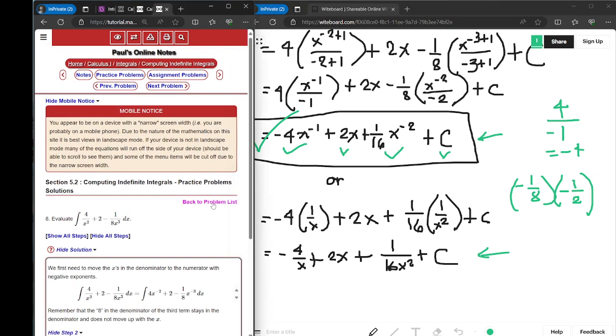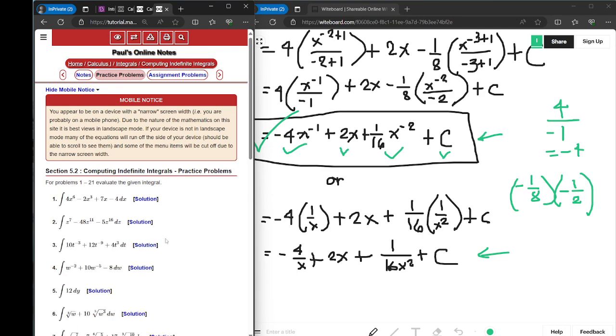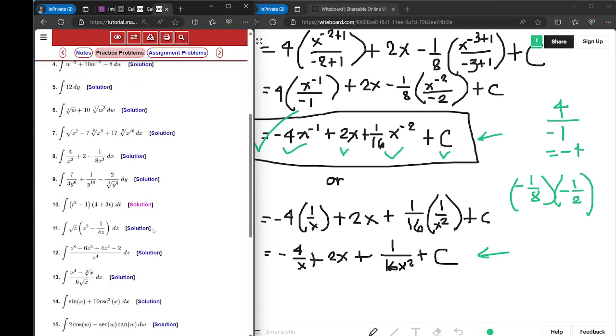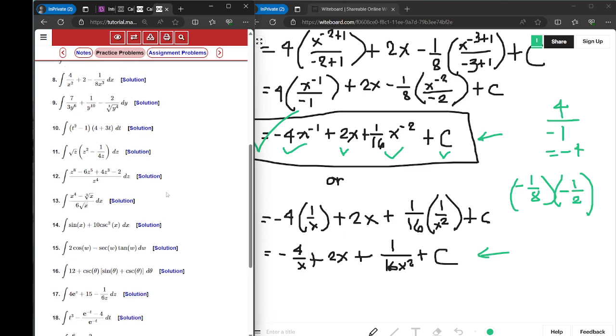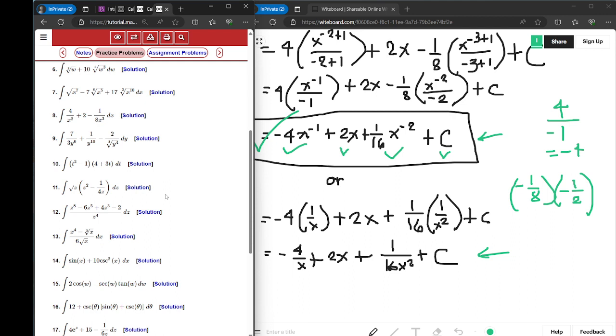And let's go back to another set of problems. All right, number 9 is the same form, so we'll go to number 10.